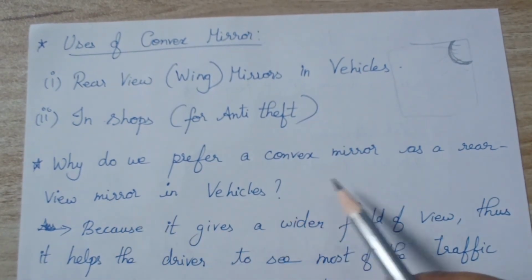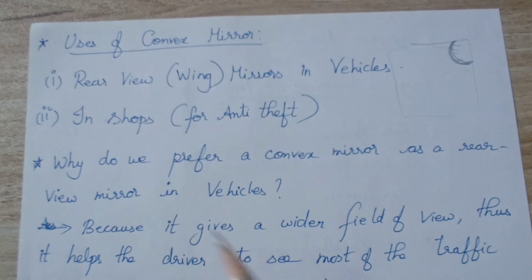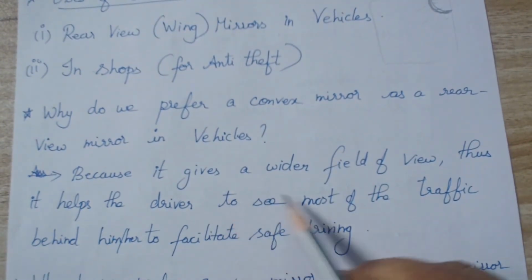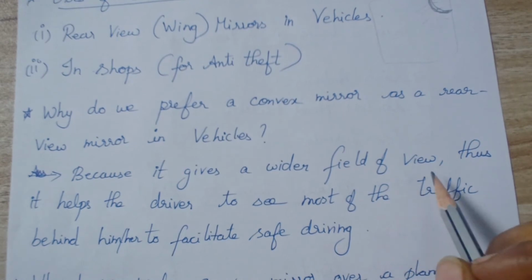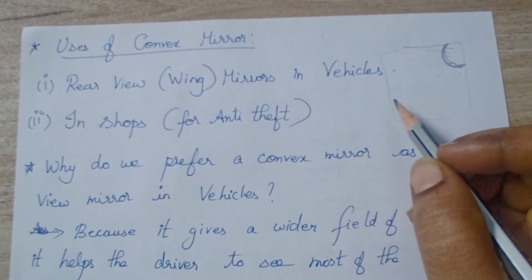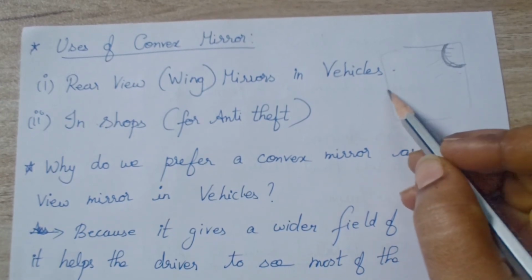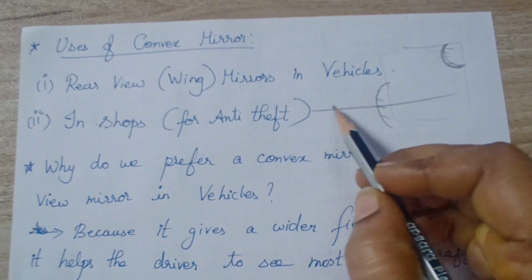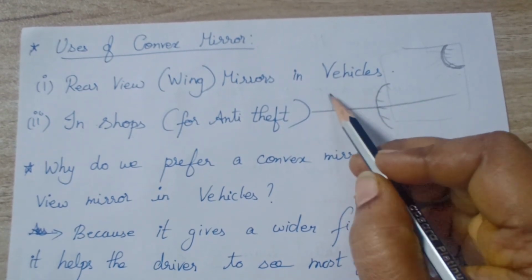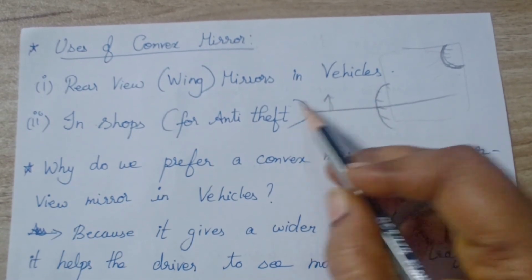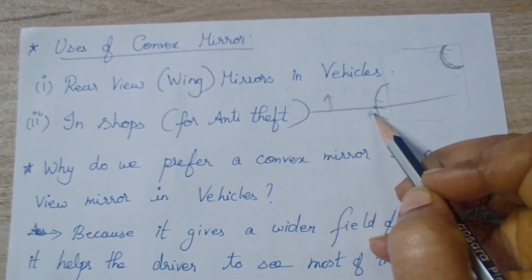Why do we prefer a convex mirror as a rear view mirror in vehicles? So, commonly asked question. Okay, because it gives a wider field of view. You know where the images will be formed in the convex mirror. Your objects will be placed somewhere between infinity and the pole, right?